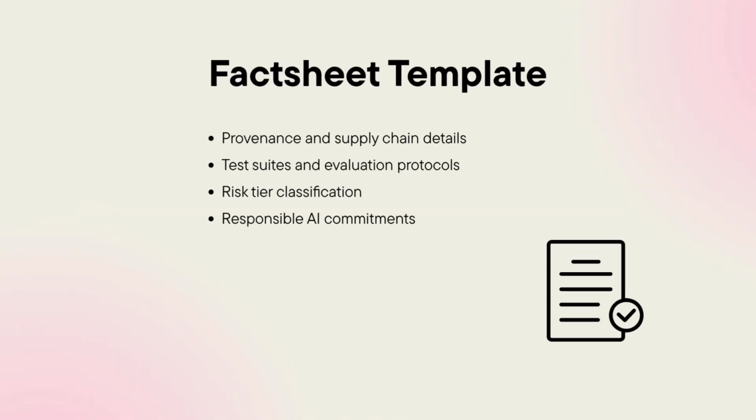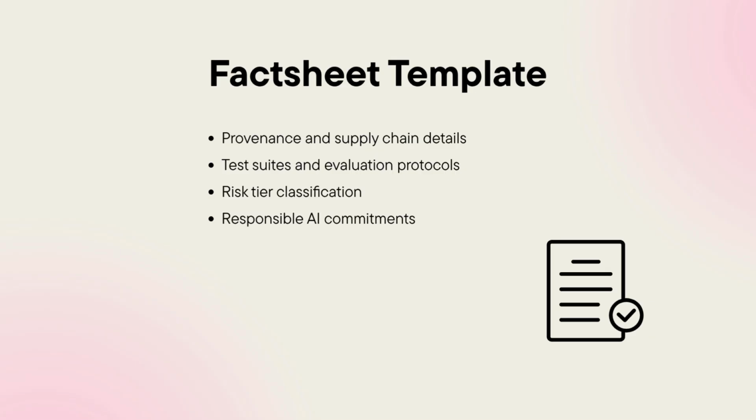So, a fact sheet template typically contains four sections. First, provenance, the lineage of the data and model, including suppliers, sources, and prior dependencies. Second, test suites, evaluation protocols that ensure robustness, reliability, and fairness. Third, a risk tier classification, categorizing the model as low, medium, or high risk depending on potential impact.